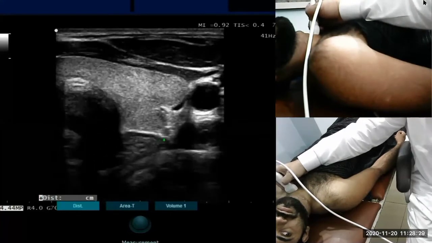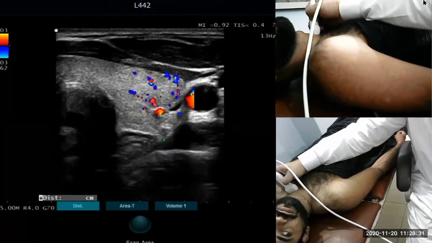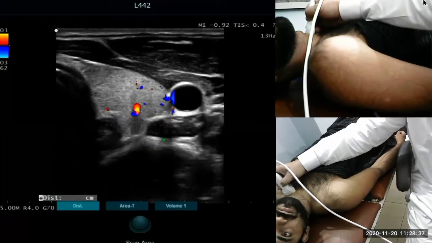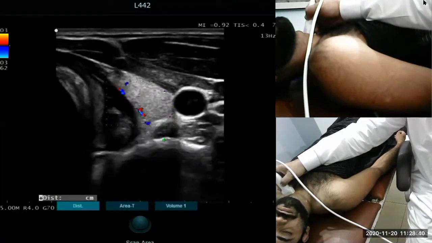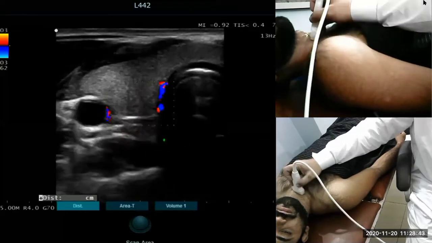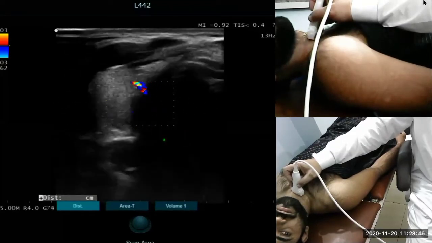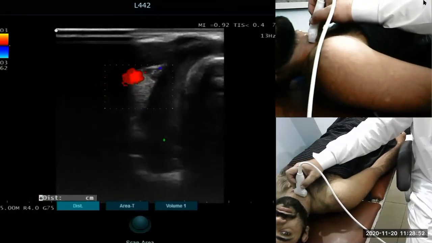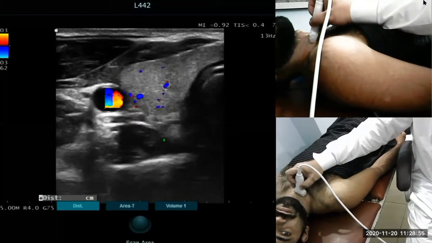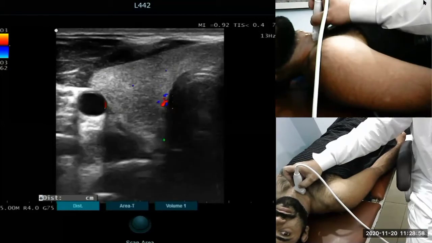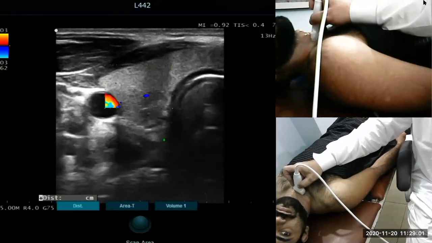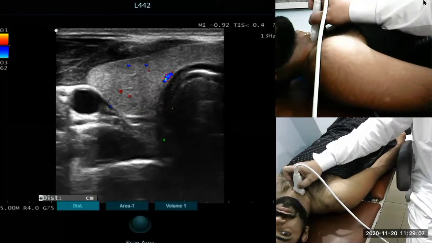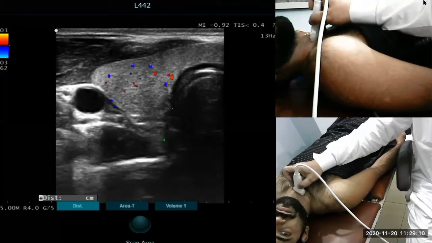Normally, the vascularity of the gland is such. So, this is how we find the vascularity of the thyroid gland, which will be seen markedly increased in thyroiditis as well as in thyrotoxicosis.